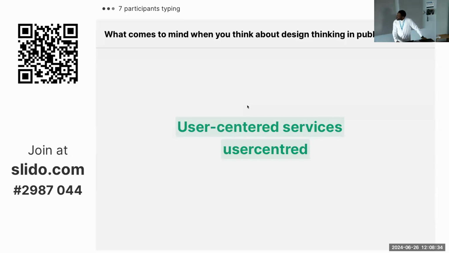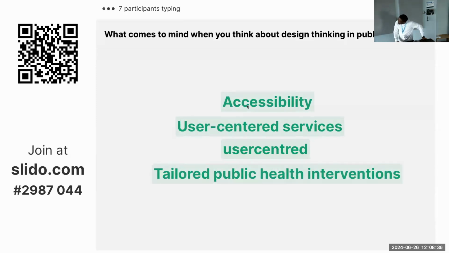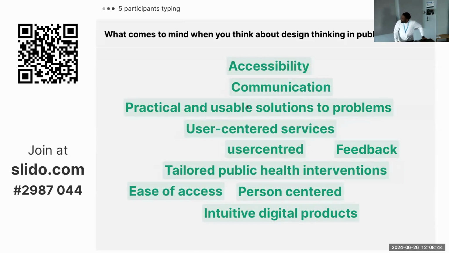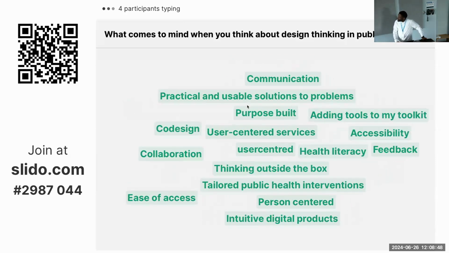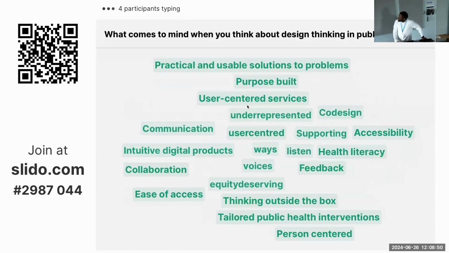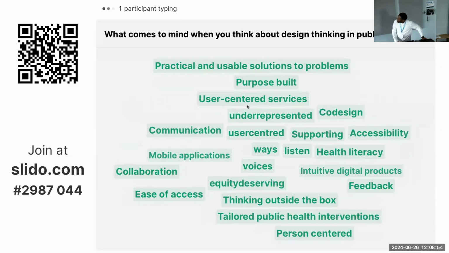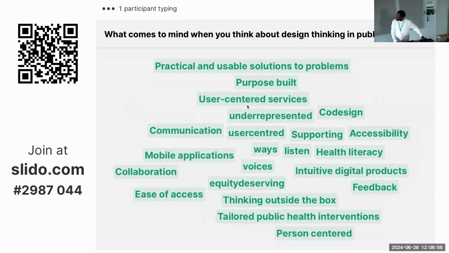User-centered design. Yeah, okay. User-centered accessibility, tailored public health interventions. Practical and usable solutions to problems. Intuitive digital product, purpose-built, adding tools to my toolkit. Communication. So it's very broad and varied.